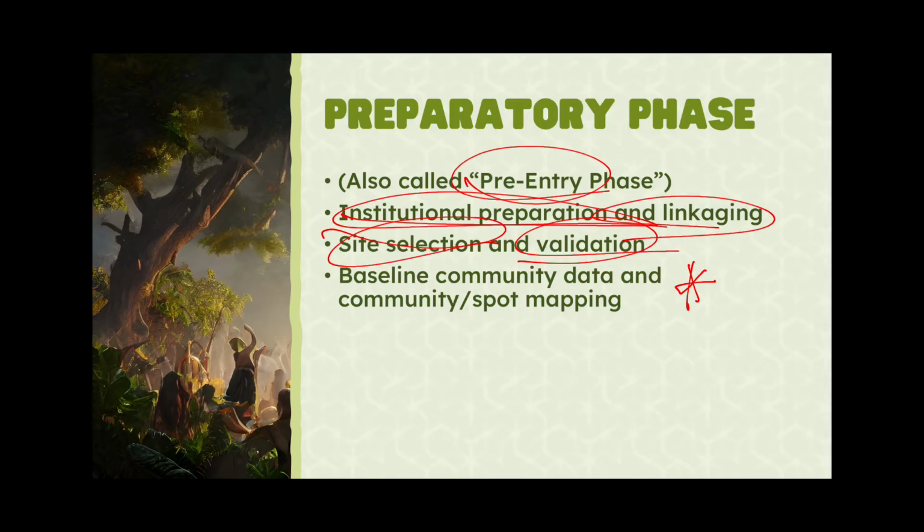And also very important is spot mapping, meaning you make a map. Before, when I was a younger student in college, we didn't have the geo tagging applications that we have in this era.